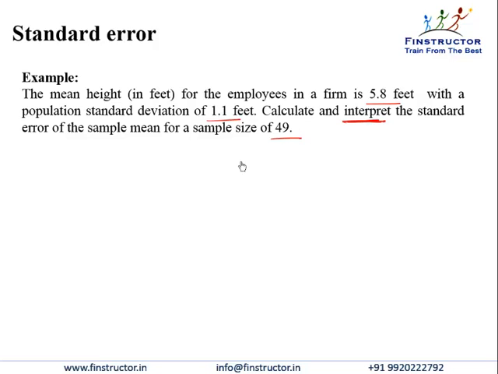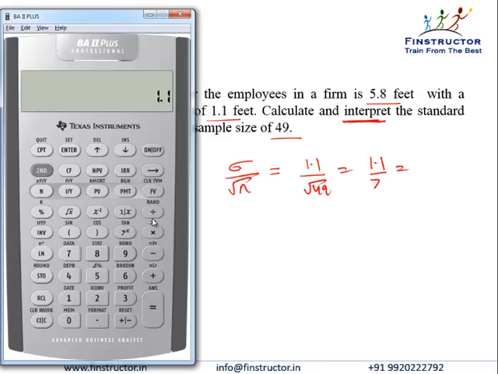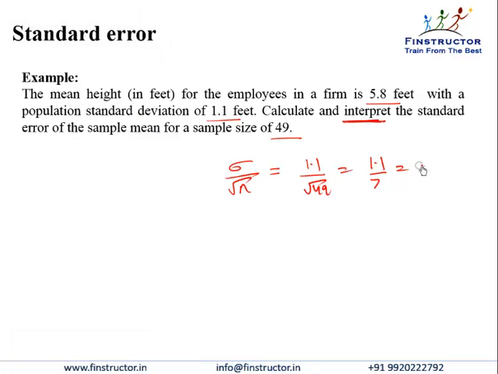The standard error calculation is simple. It is the standard deviation of the population upon square root of n. Standard deviation of the population is 1.1 and n is 49. So it will be 1.1 upon square root of 49. That is 1.1 upon 7, which comes out to be 0.157.